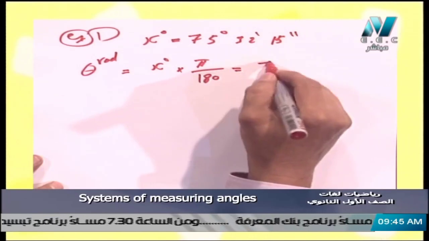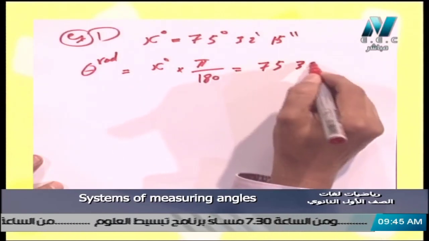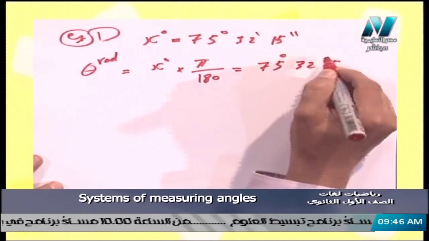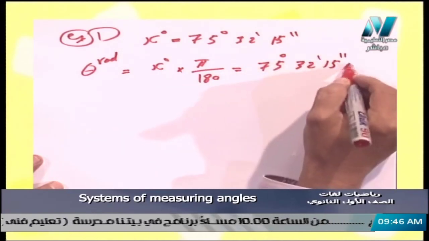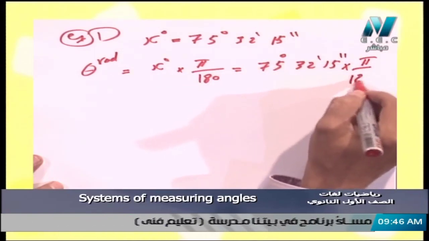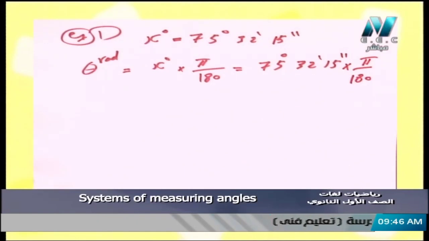X degrees here is 75, 32, 15 degrees, minutes and seconds, times pi over 180. You can use your calculator here.